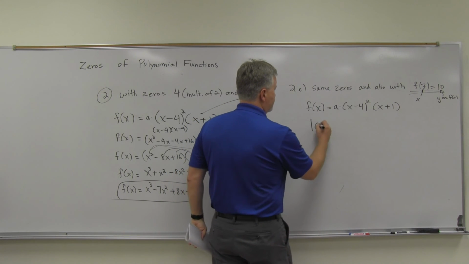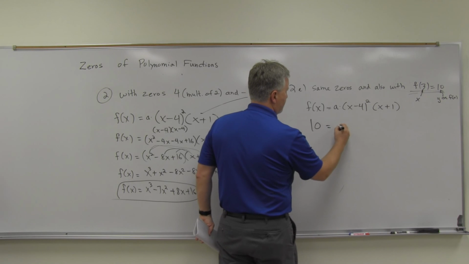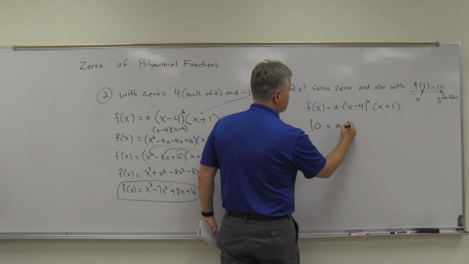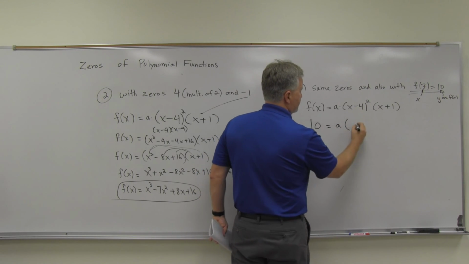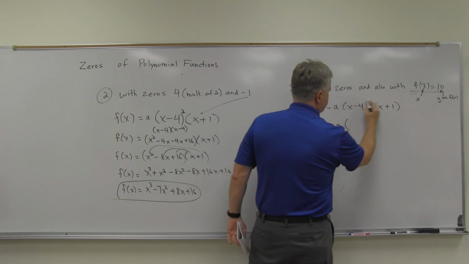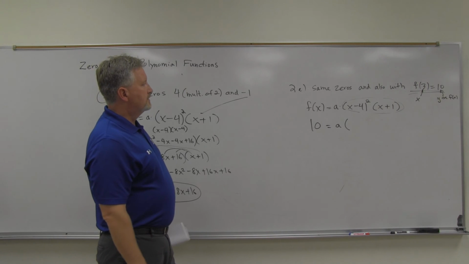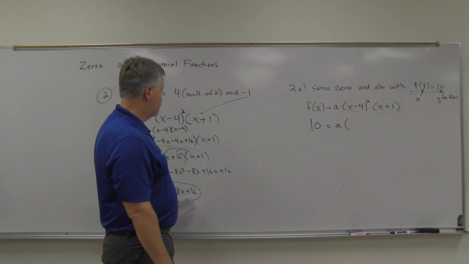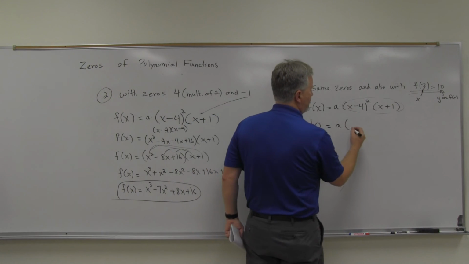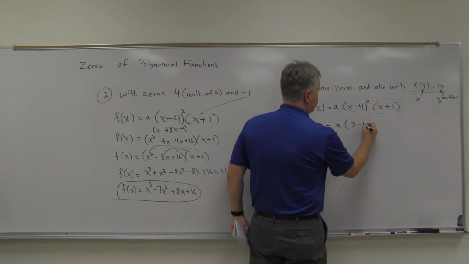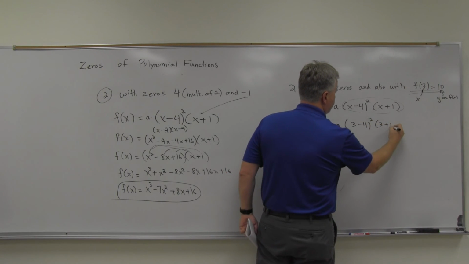All right, so 10 equals a times the x is, and you know, you can add it there or use this one. Let's use this one. All right, so 3 minus 4 squared times 3 plus 1.